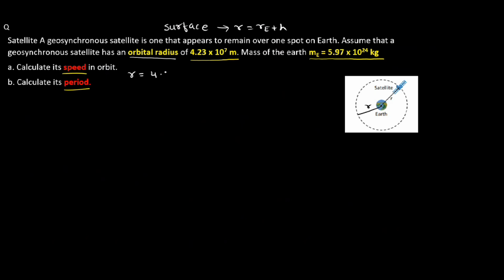I will take whatever value they have given me as my distance r. So r is 4.23 times 10 to the power 7. Mass of the Earth is 5.97 times 10 to the power 24. And they want me to find the speed v and period.